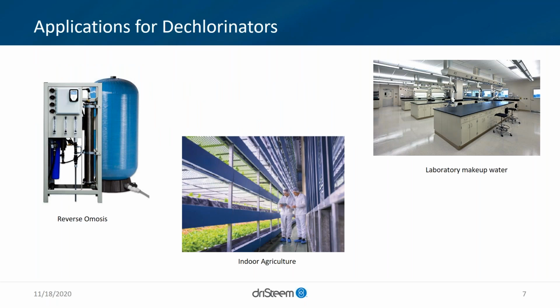So some applications for dechlorinators. There's definitely less application for dechlorinators, as we talk, compared to softeners or ROs. But again, this gets paired upstream of an RO. The first picture on the left is a reverse osmosis depiction, and in this case, it's DriSteem's RO 400 series. What we're doing there again is protecting that investment of those membranes and really extending the lifespan of those membranes.